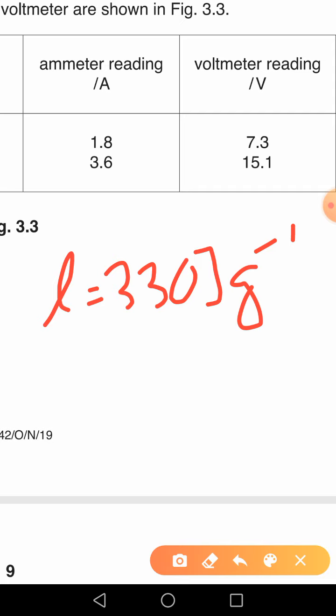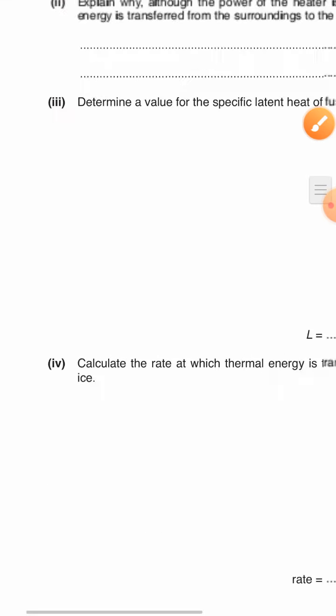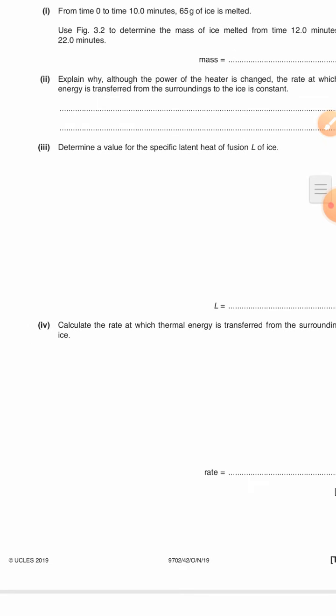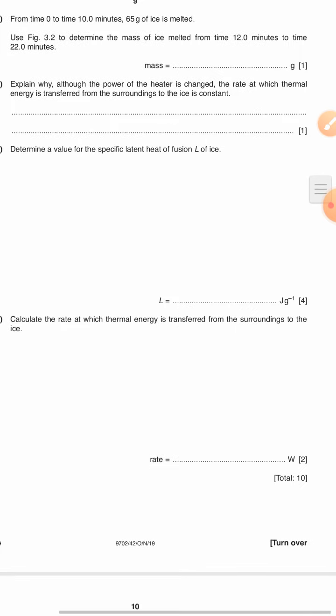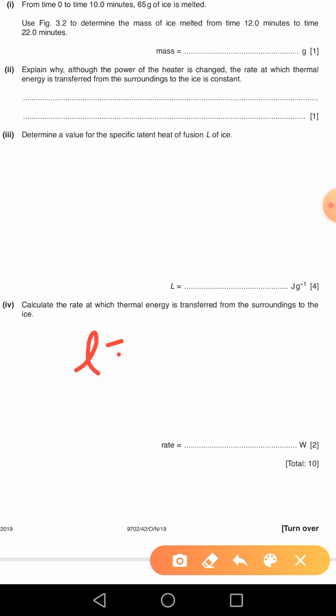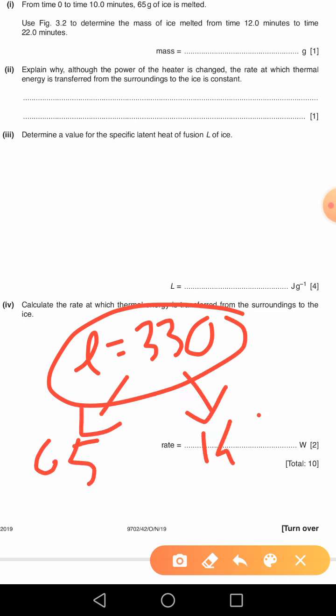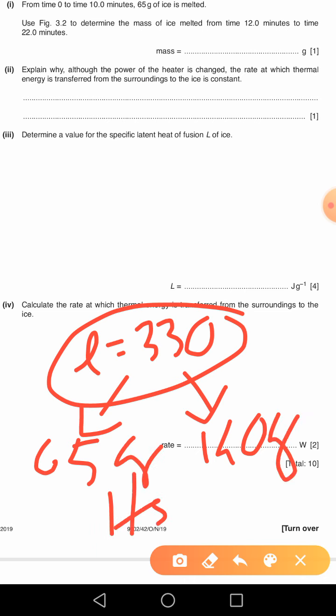Now the next question asks what is the rate at which thermal energy is transferred from the surroundings to the ice. Since you have found the value of L, which is 330, put the value of L in either the equation of 65 grams or the equation of 140 grams to find the value of HS, that means the heat energy supplied in 10 minutes.